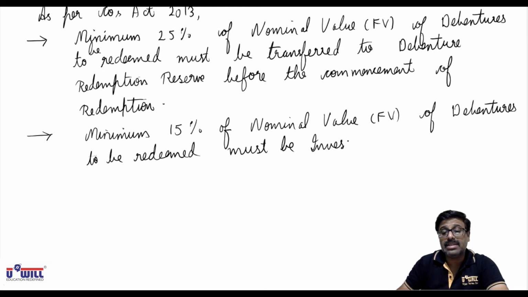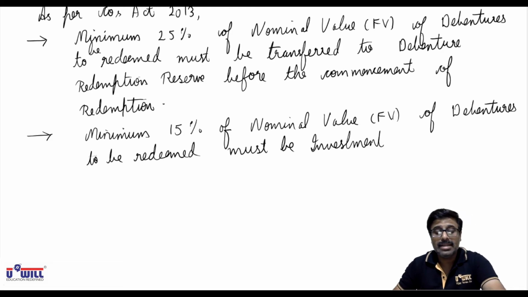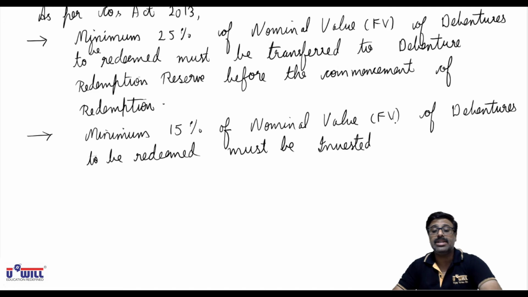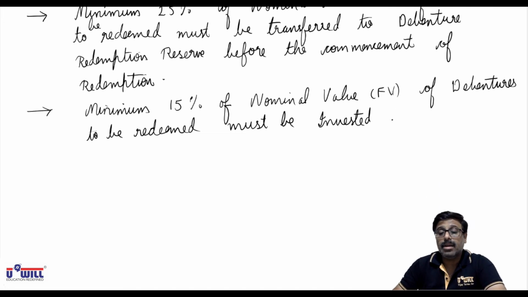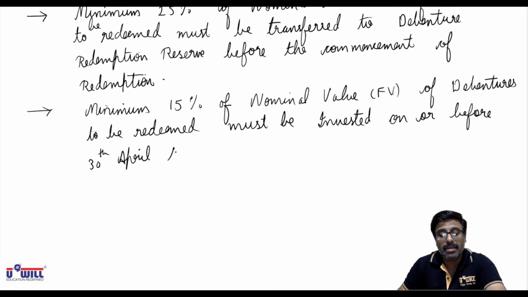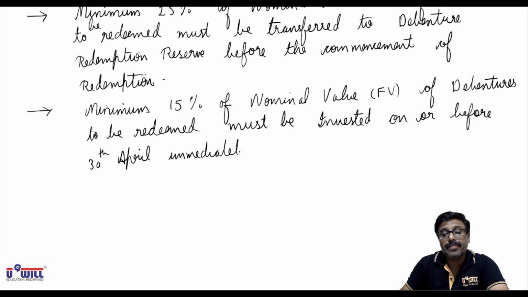Generally you must invest them in government securities because they are safe and secured, which you also call gilt-edged securities. Must be invested on or before 30th April immediately preceding the redemption.